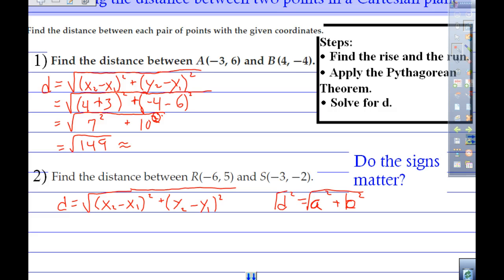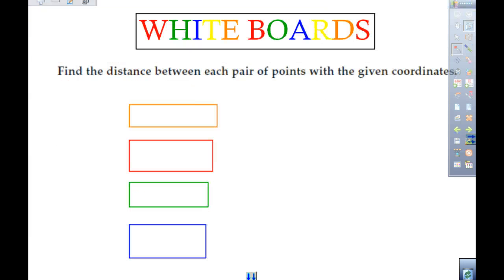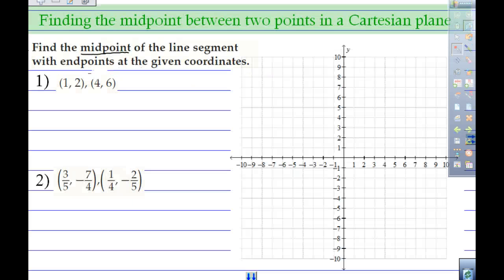Next. Midpoint. Finding the middle. So, likewise, if I gave you 2 points, can you find the exact middle of those points?